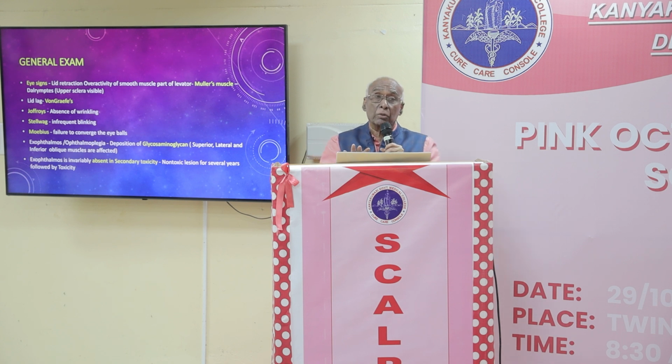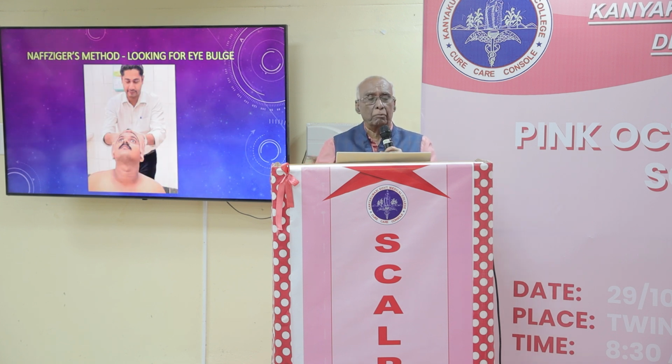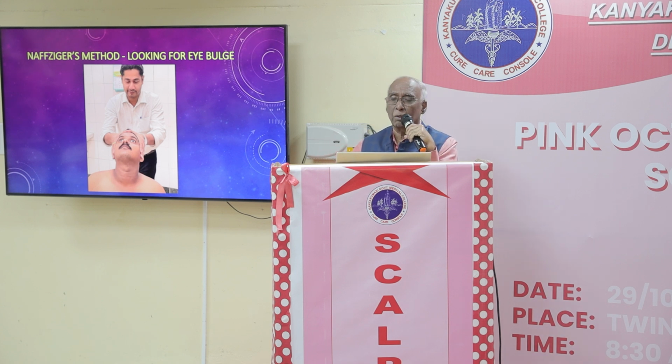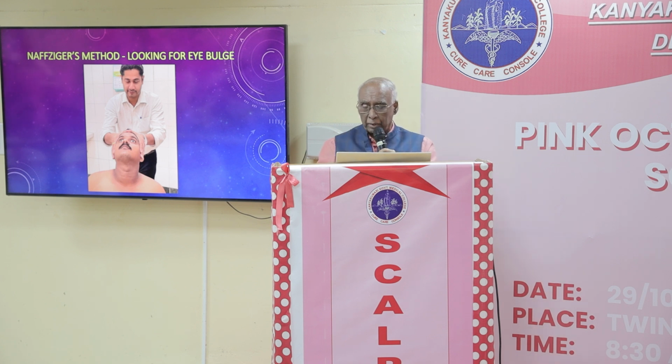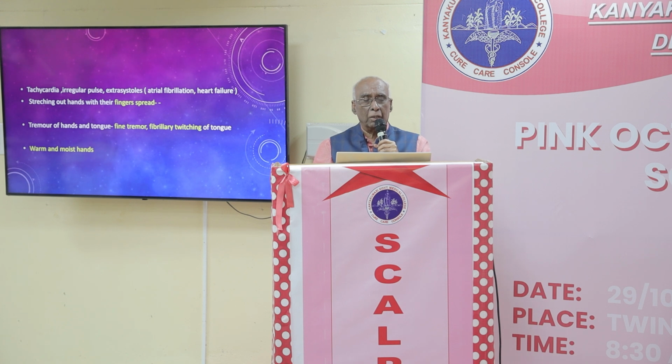And the exophthalmos is due to deposition of glycosaminoglycans behind the eyeball. This is the Nafziger's method for looking. This is a tangential view from behind. The examiner stands behind, and if the upper limbus, the sclera is seen, then you can say that there is exophthalmos.